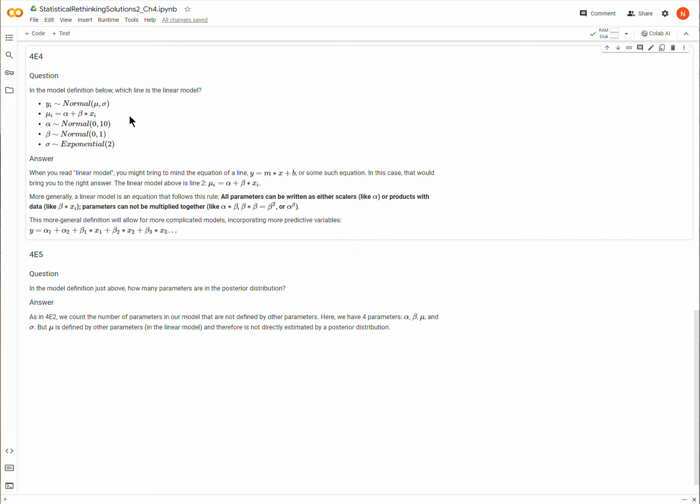But more generally, a linear model is going to be a model in which all of the terms that contain a parameter, again, something that is not data, something that we're trying to estimate, can be written as either scalars, and a scalar in this case would be the alpha, or a product with data, right? So here is beta, and it is being multiplied by x. And it's important that beta be multiplied by something that we have already observed, x in this case.